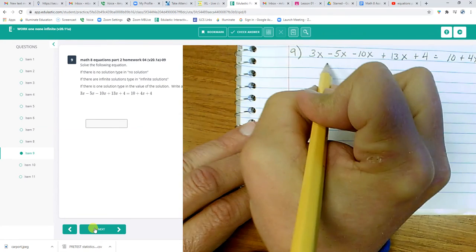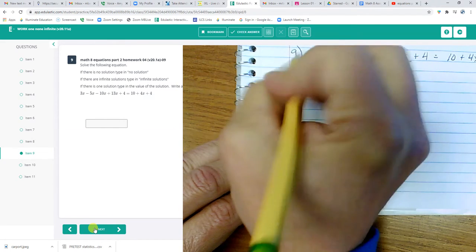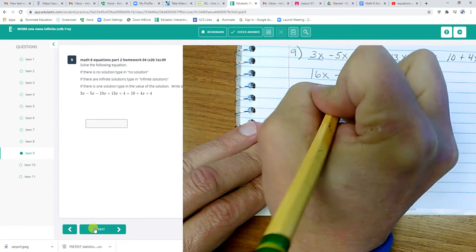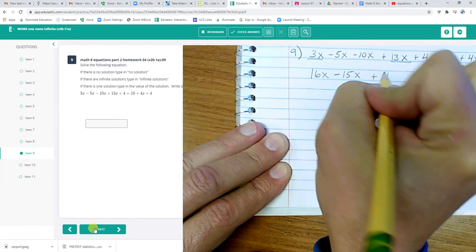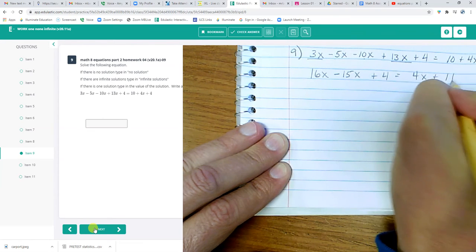Let's combine all these x's. 13x plus 3x is 16x. Negative 5, negative 10, that's minus 15x. Plus 4 equals 4x plus 14, combining those too.